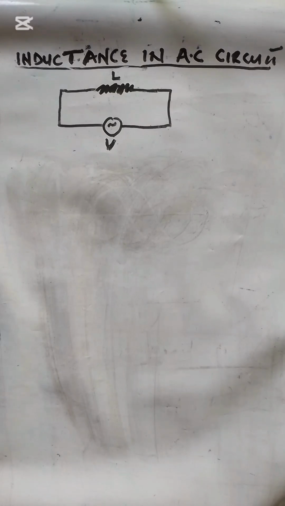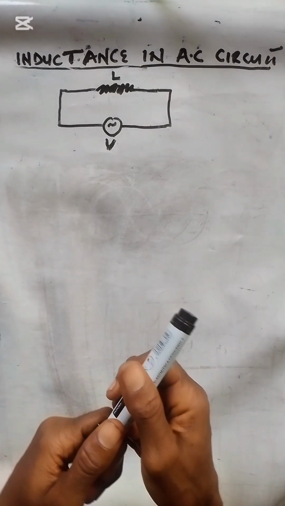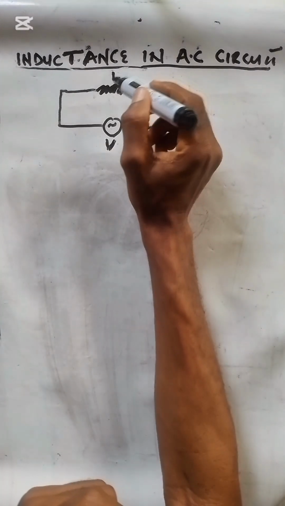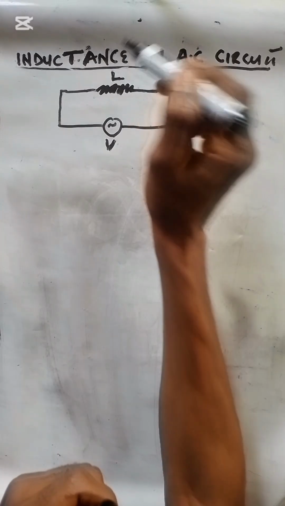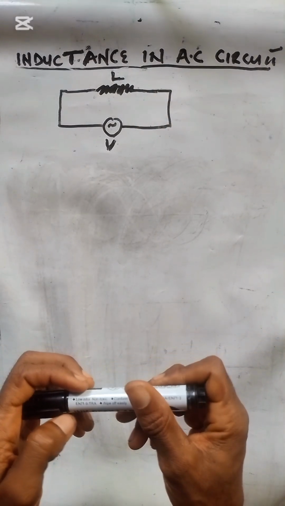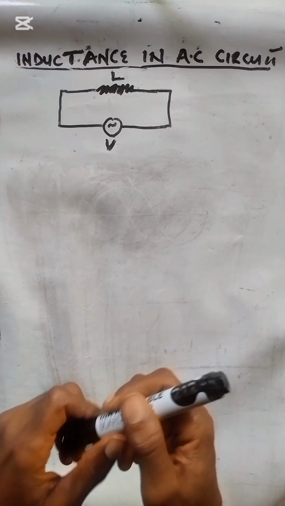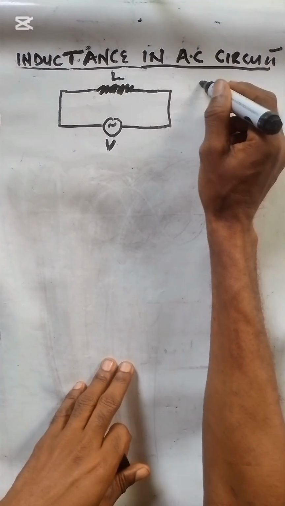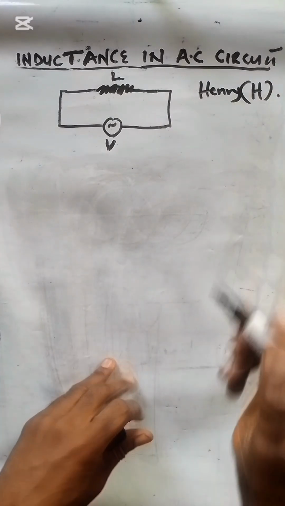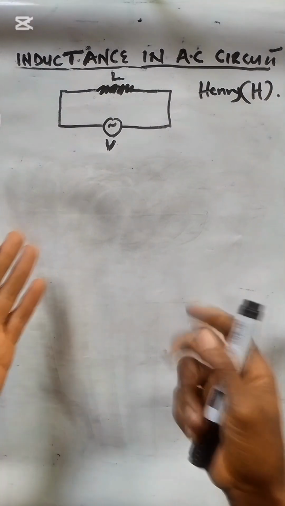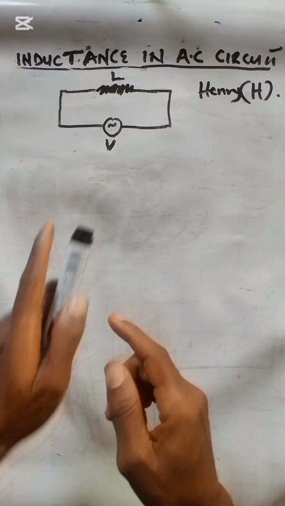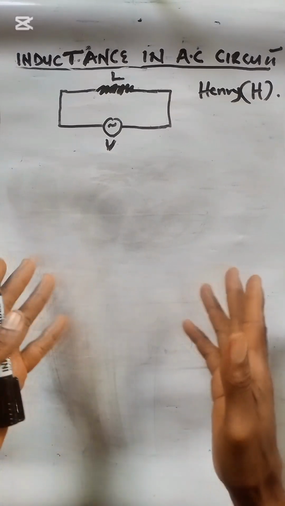So let's see inductance in AC circuits. This is the symbol for inductance, represented by a capital letter L. Inductance is measured in Henry, that is H, capital letter H. When an inductor is connected in series like this, the current and the voltage are out of phase.